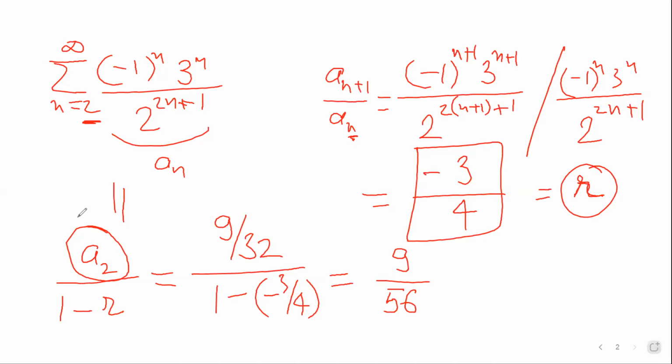So the moral of this series is that when r is less than 1, the terms get small very quickly, so they add up to some constant. Whereas if r is bigger than 1, then the terms get large very fast, and so the sum gets large very quickly, and they diverge. So let's continue.